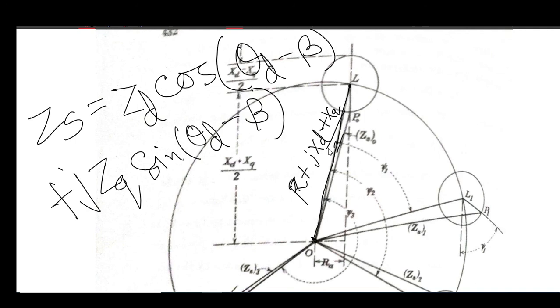But this line you can only get when your beta is equal to 0.